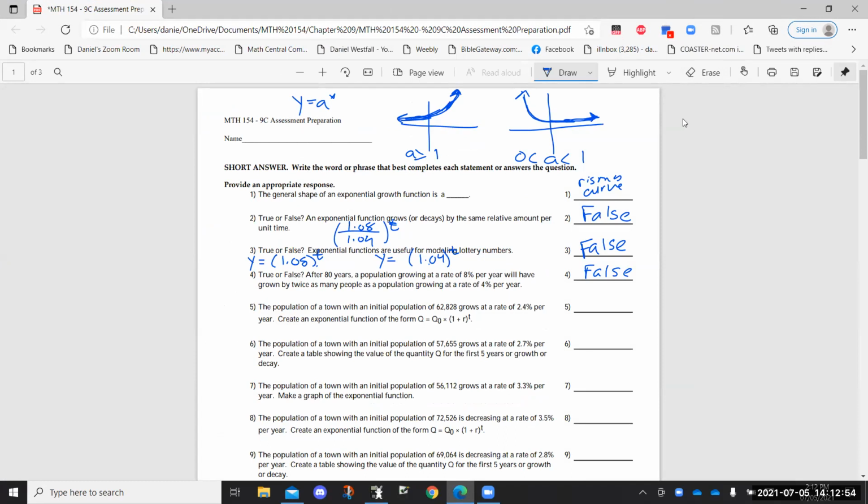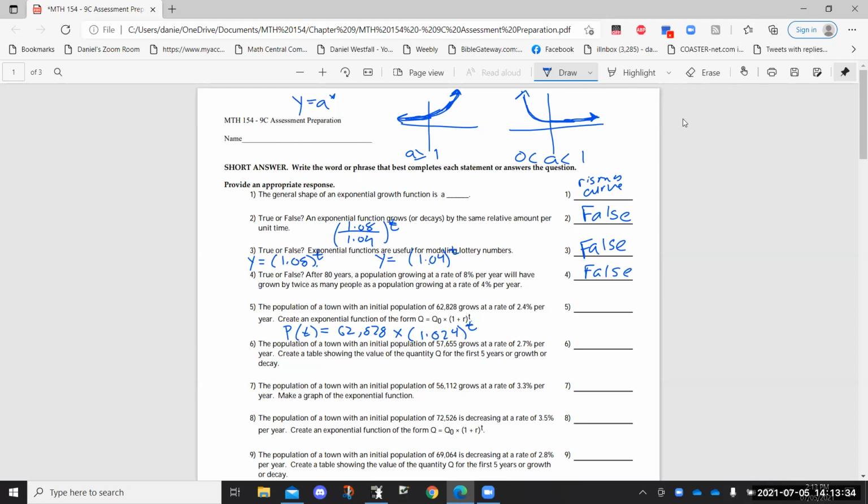Create an exponential function in the form of Q. So I'm going to just say P of T is equal to initial population P naught, 62,828, times growth rate, which is going to be 1.024. That's 102.4% is what its rate is, because you're going to have everybody from the year before plus another 2.4%, to the T. So that's going to be my function.